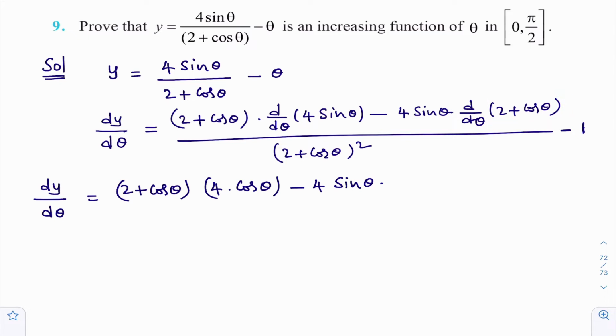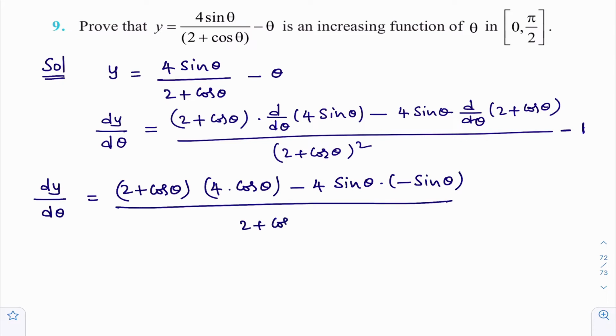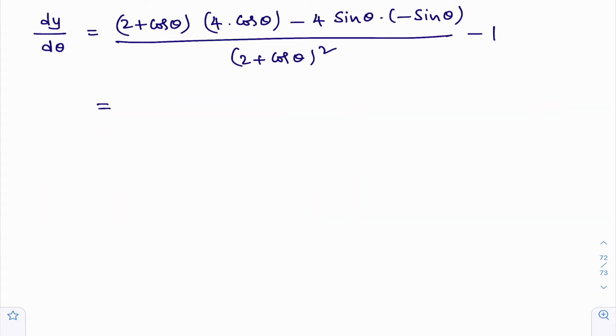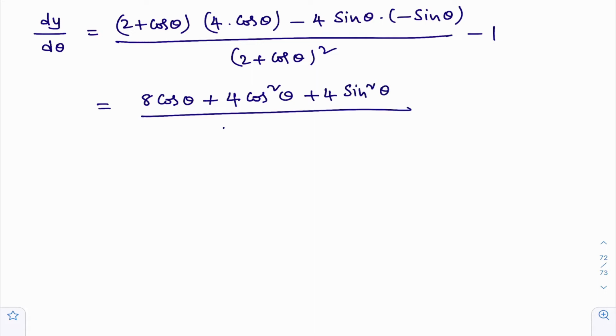So what you will get here, this is minus sin theta, okay, divided by 2 plus cos theta whole square, minus 1. Now multiply these two things. What you will get? You will get 8 cos theta plus 4 cos square theta. If I multiply these two things, minus of minus is plus 4 sin square theta, divided by 2 plus cos theta whole square.